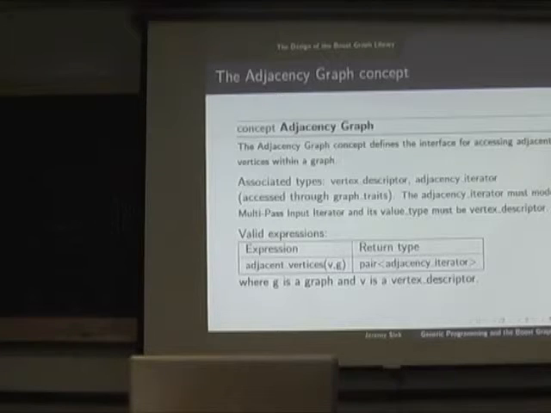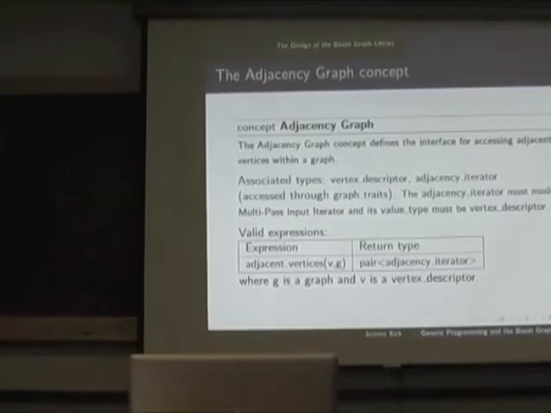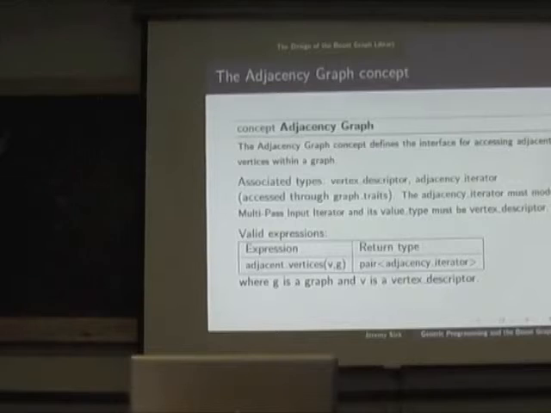The reason why it exists is because of two things. There are requirements in forward iterator that aren't needed by a lot of these graph algorithms. In particular, requiring that when you do a dereference you get an actual L value reference back. That's not really a requirement of a lot of these algorithms.